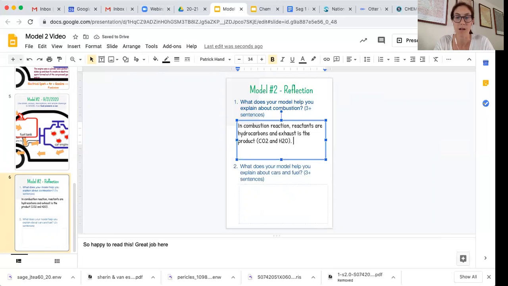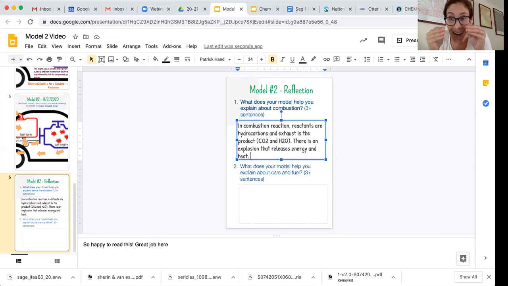What else did I learn? I learned that there is an explosion, right, that releases heat and releases energy, and that is what moves the car forward. And so that explosion is what happens in a combustion reaction. Sometimes it's a fire, like when you have a campfire or a match and a birthday candle.